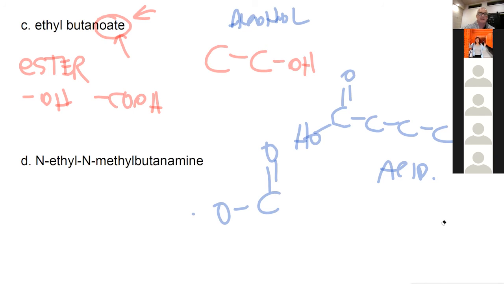And then what's attached to this oxygen? The alcohol. The alcohol, but what atom on the alcohol is it attached to? Is it another oxygen? Is it this oxygen or this carbon? The carbon. The carbon, right.